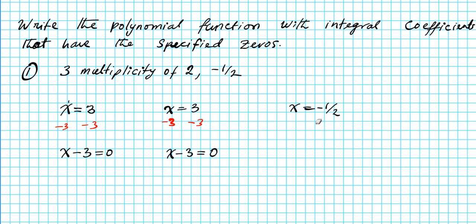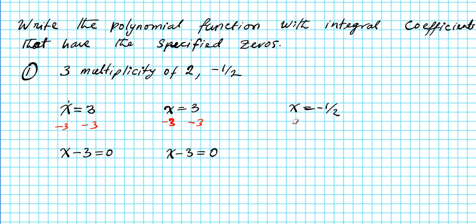And then lastly here, for the third 0, we might be tempted to add 1/2 to both sides. If we do that, even though it's a correct procedure, it will not meet the requirement to have integer coefficients. There's a great possibility that we'll have fractional coefficients if we add 1/2 to both sides and use x plus 1/2 as one of the factors.